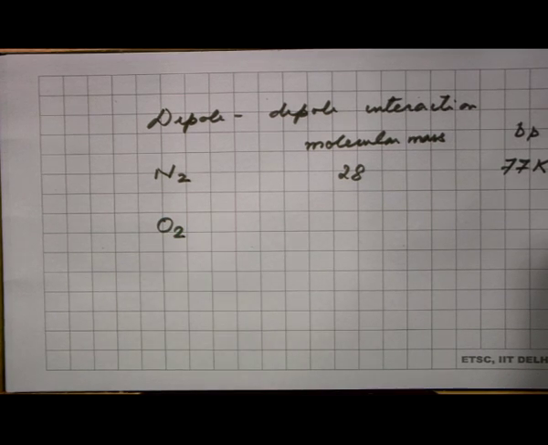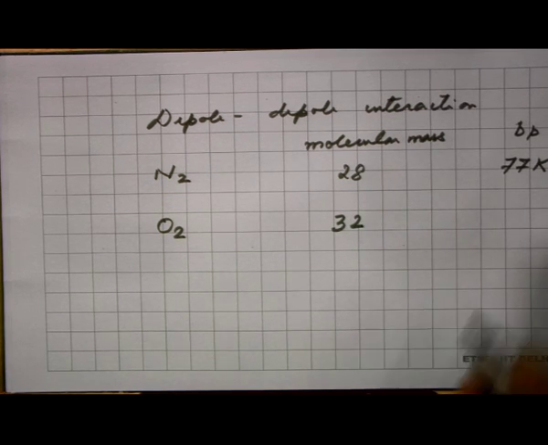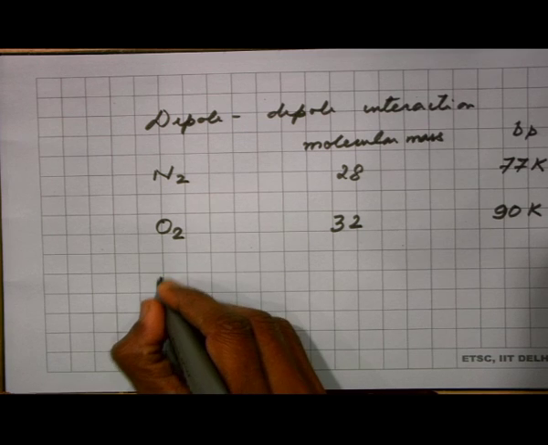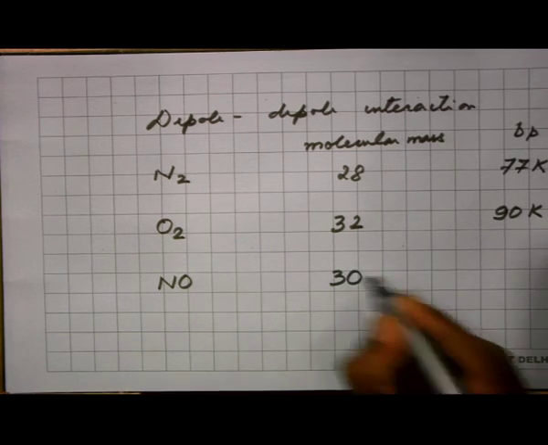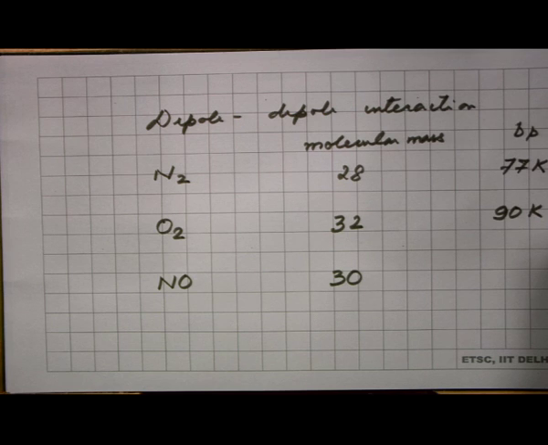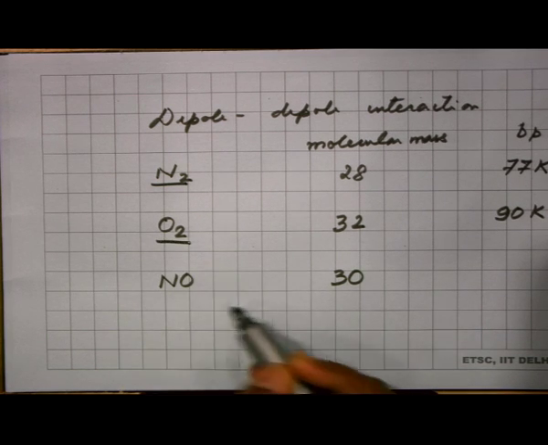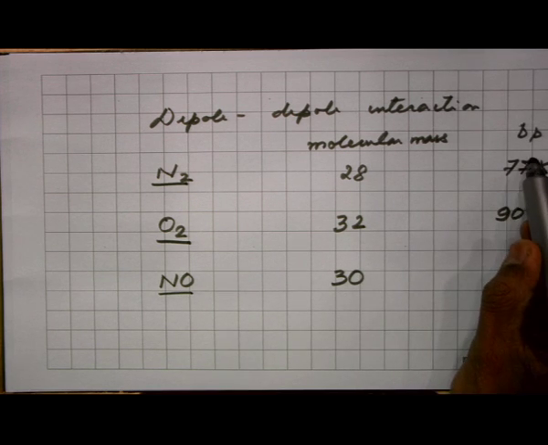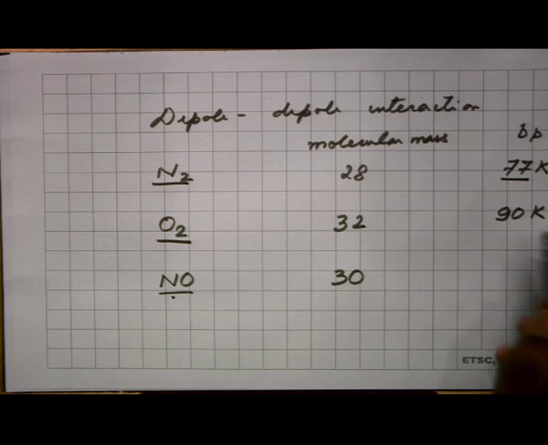Oxygen gas can also be liquefied, has a molecular mass close to 32 and has a boiling point of 90 K. NO has a molecular weight of 30, and if you think like I do, I would imagine, so there is one atom of nitrogen, one atom of oxygen in NO, and I would imagine that the boiling point of NO would be somewhere between 77 K and 90 K.